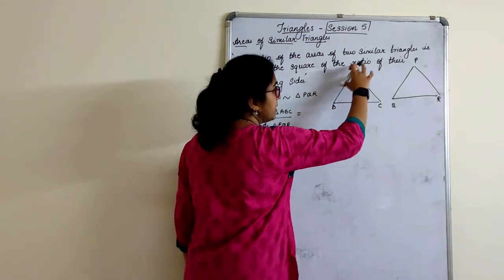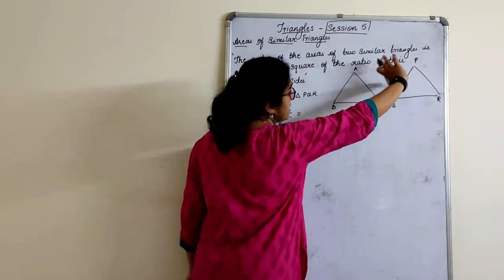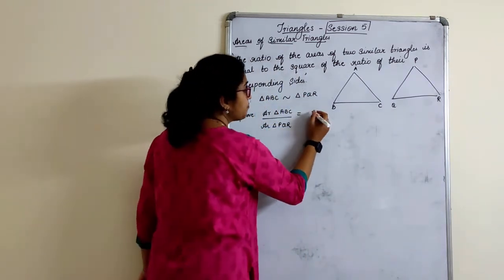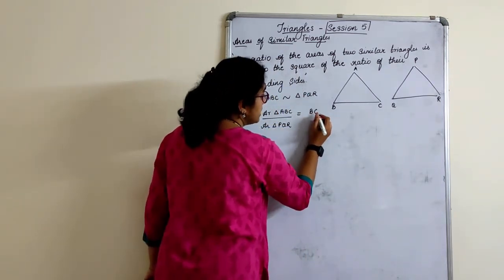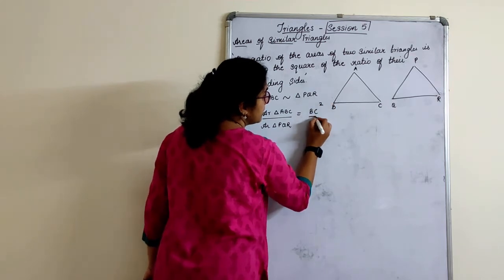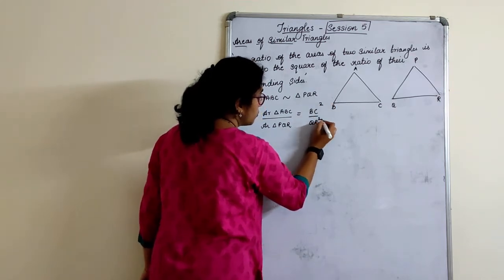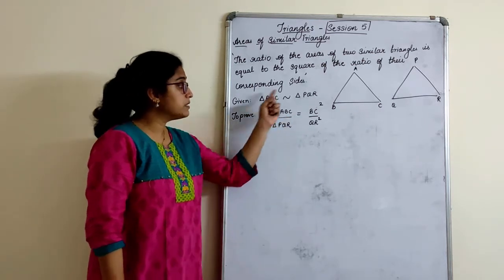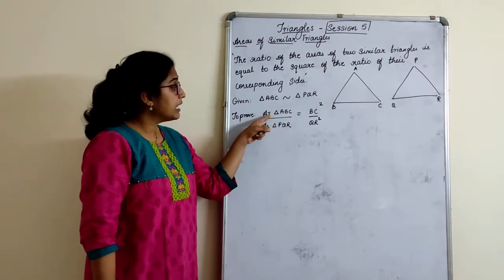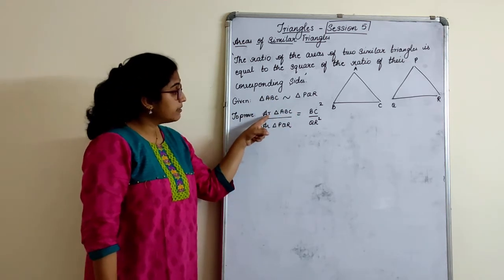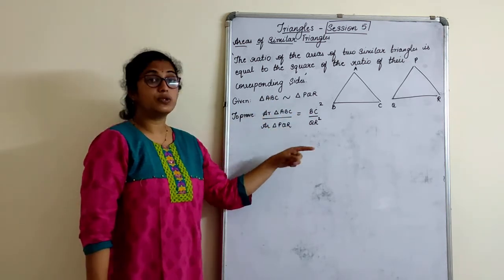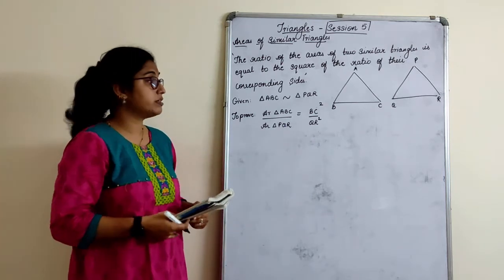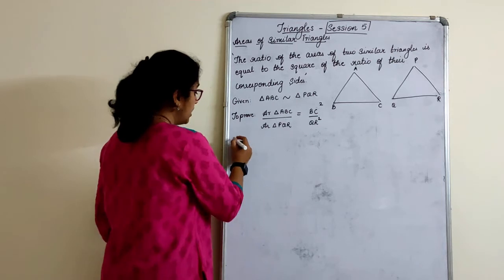We know that AB by PQ is equal to AC by PR is equal to BC by QR, any one side, which is equal to BC square divided by QR square. What you have to remember here is, if two triangles are similar, then the ratio of the areas is equal to the ratio of the squares of the proportional sides. That is what we have to prove.